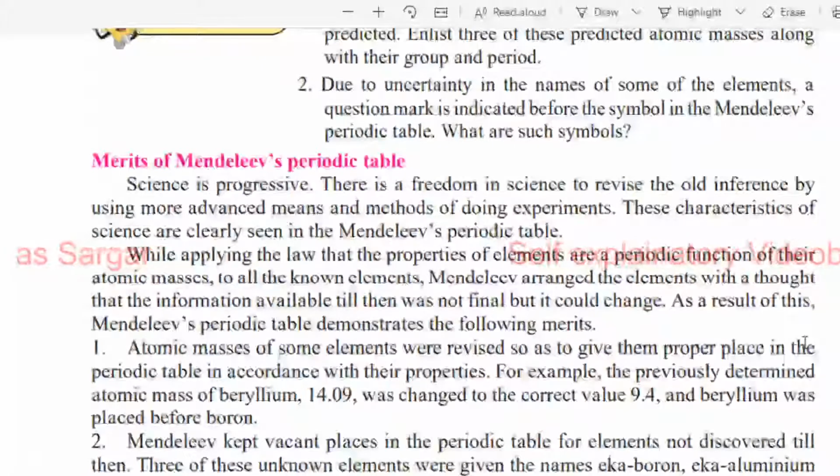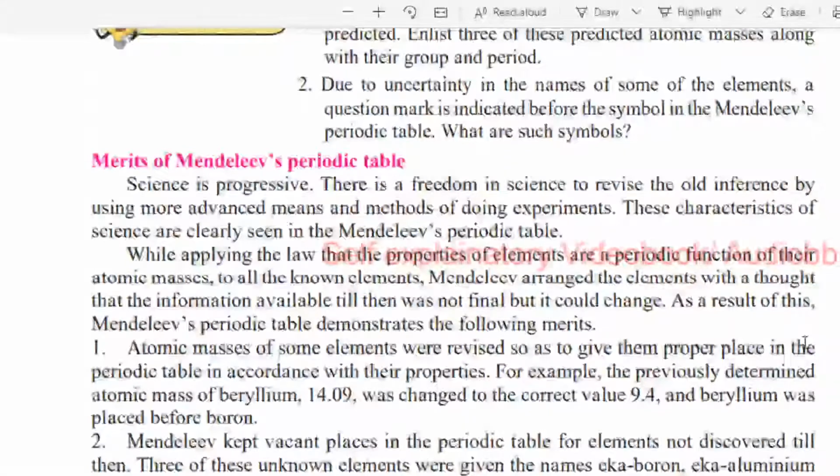While applying the law that the properties of elements are periodic functions of their atomic masses to all the known elements, Mendeleev arranged the elements with the thought that the information available till then was not final, but could change. As a result, Mendeleev's periodic table demonstrated the following merits.